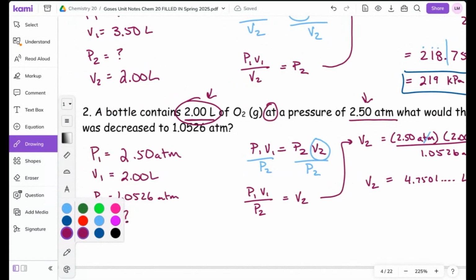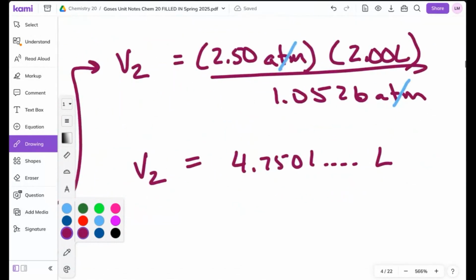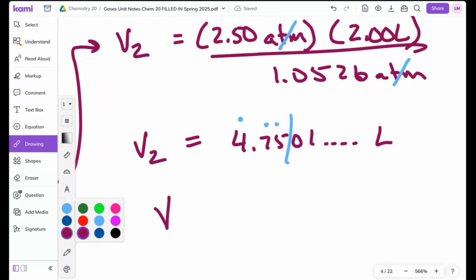And then the P2, that one had 5 sig digs in it. So we always go with the least amount of sig digs. So we're going with 3 sig digs, which means our answer has to be in 3 sig digs. So 1, 2, 3, there's our cutoff line. V2 is equal to 4.75 liters.